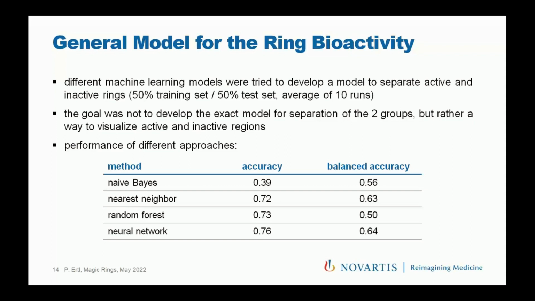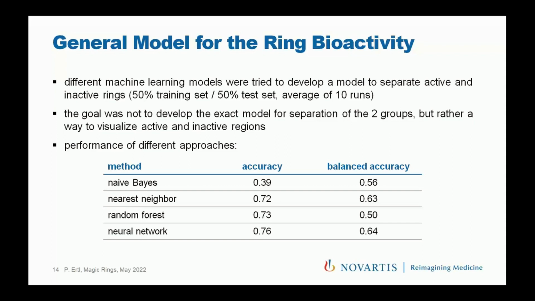Here you can see the result. I used naive Bayes, nearest neighbor method, random forest, and neural networks. We can see that naive Bayes provides the worst result, not very good. The best results are provided by the standard neural network.